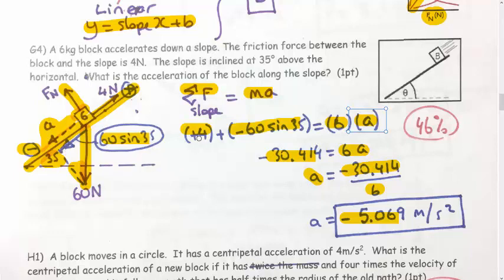So I could have written 4 plus minus 60 sine 35 equals 6 times minus a. If I'd have recognized that it was a negative acceleration in my original equation, I would have got a positive acceleration in my answer, meaning, oh, you add the negative sign there, this is the size of it, because you've already put the negative sign in.